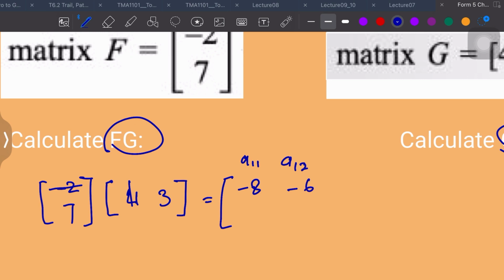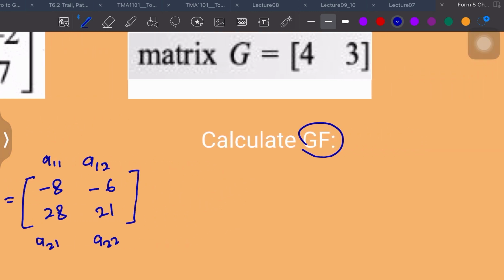And then we want to search for the second row, first column. 7 multiplied by 4 is 28. And then second row, second column, we got 21. That would be the answer.